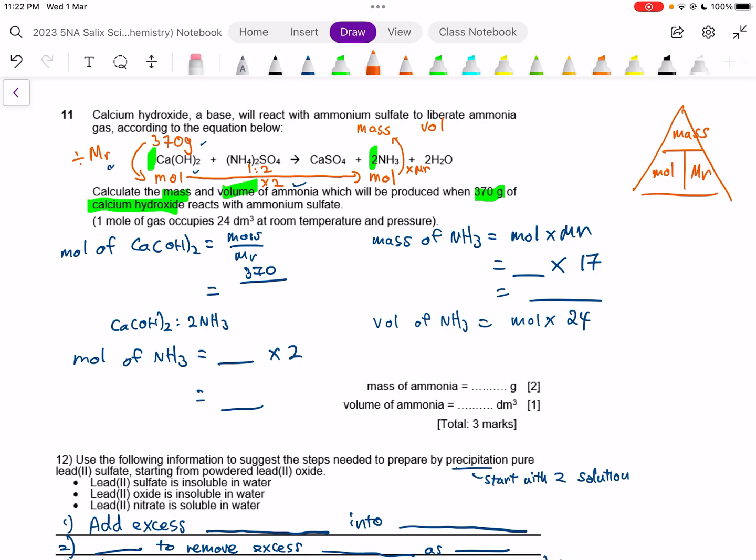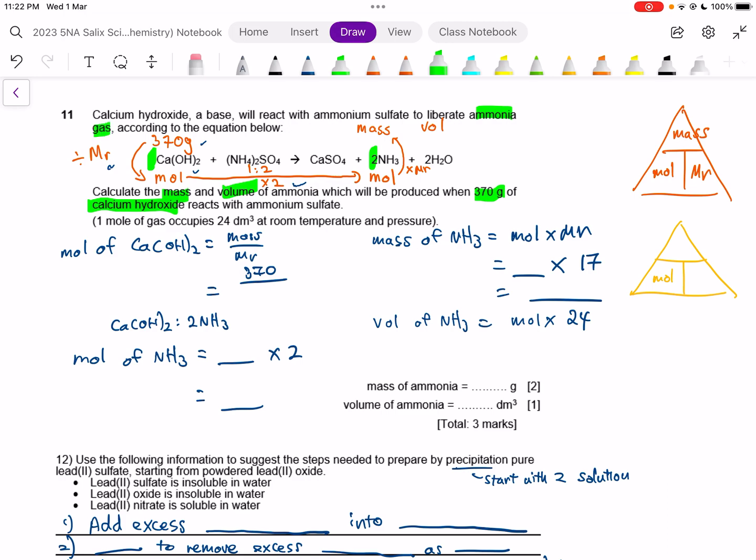Secondly, if you want to get the volume, we need to put in the other formula, which is this one. From mole, it is a gas. Take note it's an ammonia gas. The question has stated ammonia gas, or otherwise the state symbols will be given.